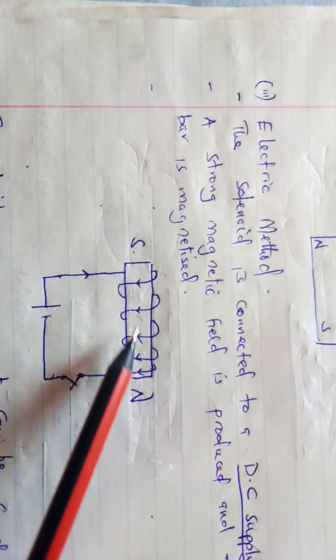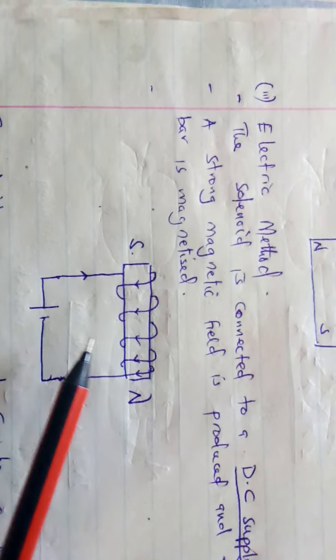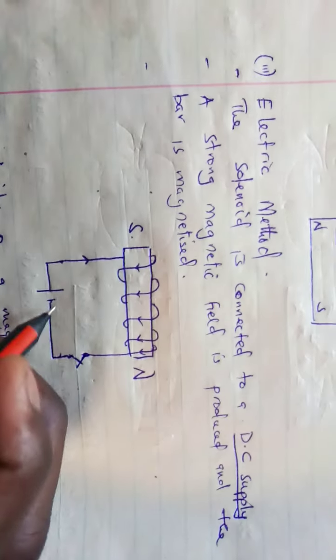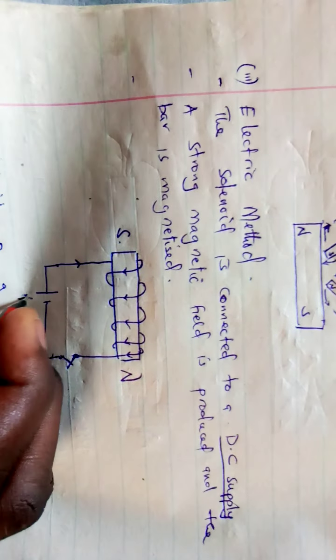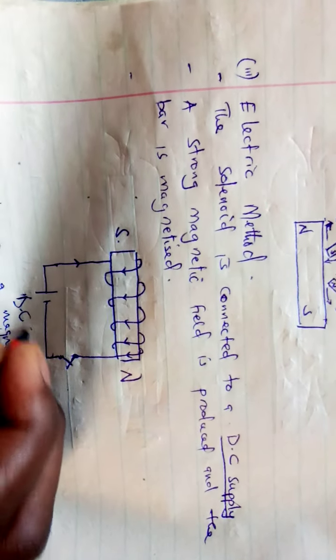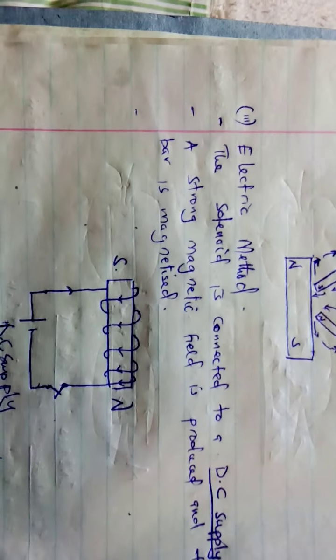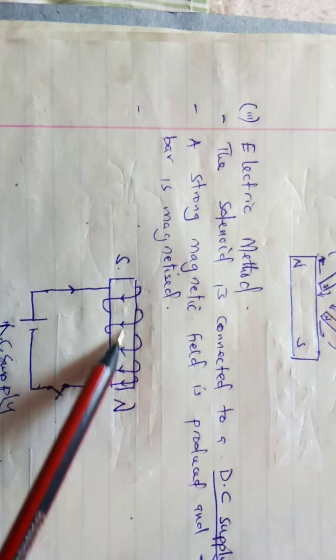When you see a solenoid, it means it's a magnet only when a current is passing through it. So this is the DC supply that you have here. So what happens is when you allow a current to pass through, this bar becomes a magnet.